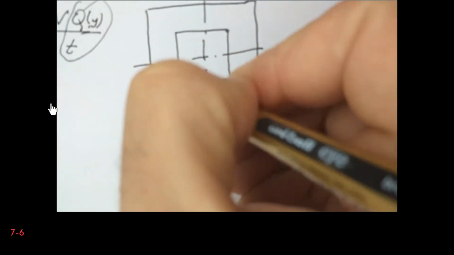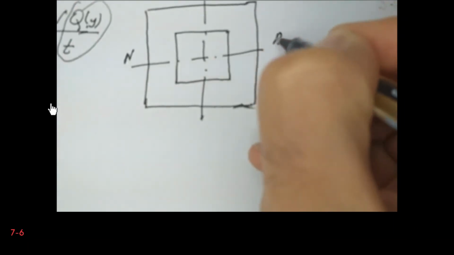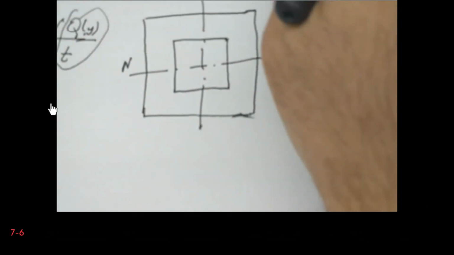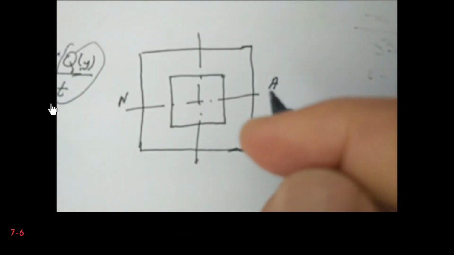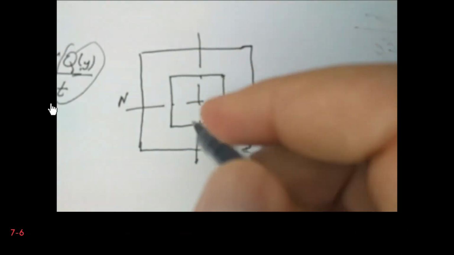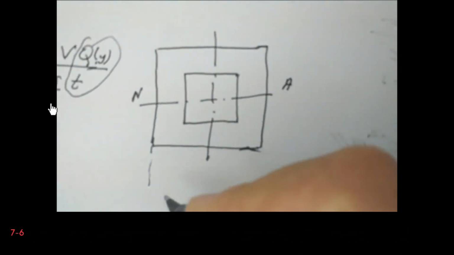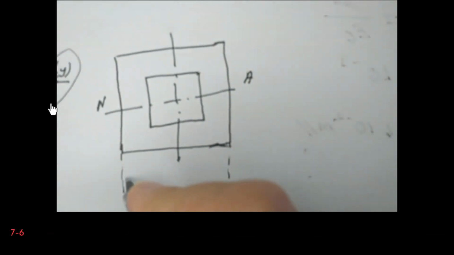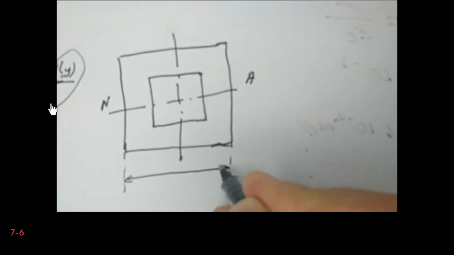This is the neutral axis, and let's say that this distance is a and this is t.